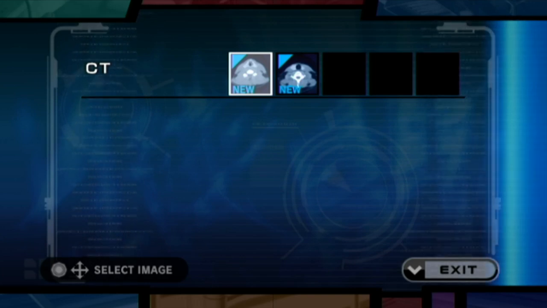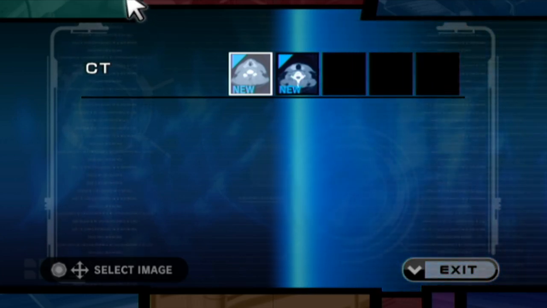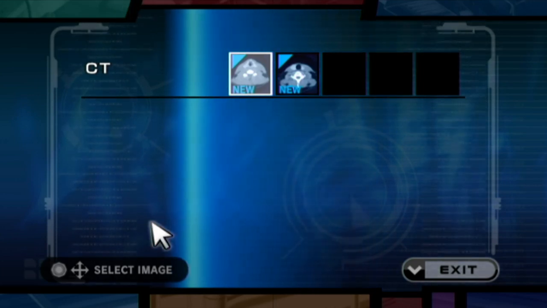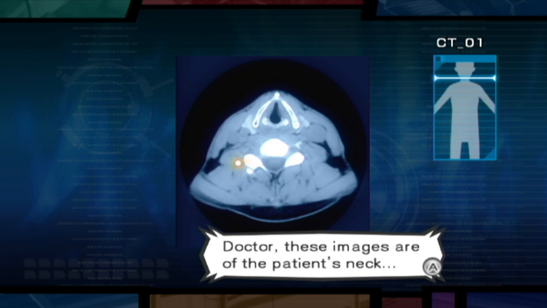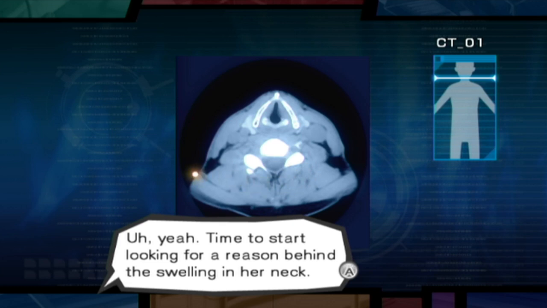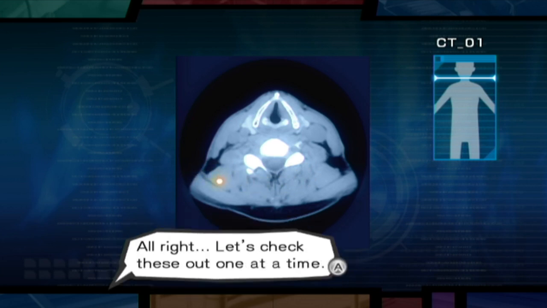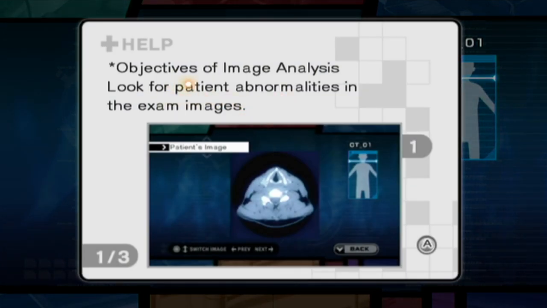Alright, let's have a look at the results of the CT scan. Okay. Alright, let's check these out one at a time. Look for the abnormalities in the exam images.